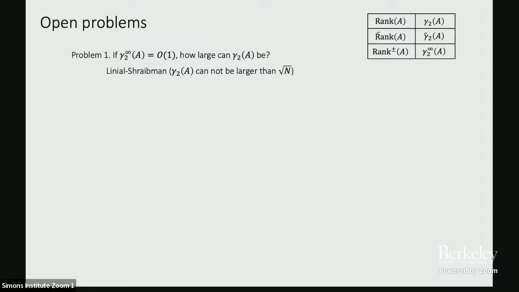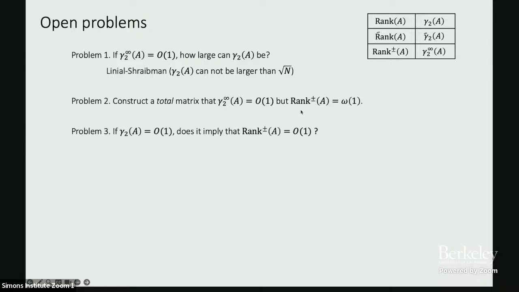Okay. So another question that we already discussed is, for total matrices, can you obtain a separation between this gamma 2 infinity and sign rank? And here, all I'm asking is for some matrix with constant gamma 2 norm but super constant sign rank. What's the best one?